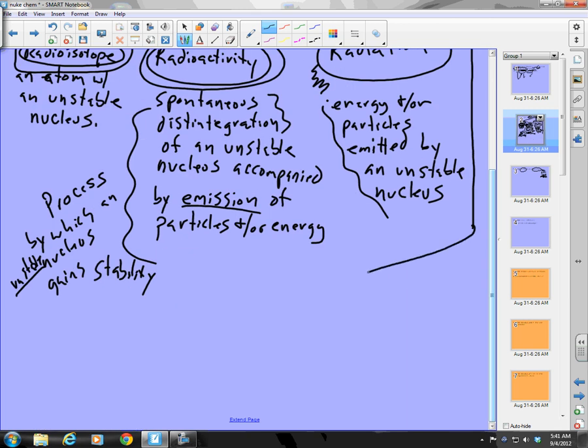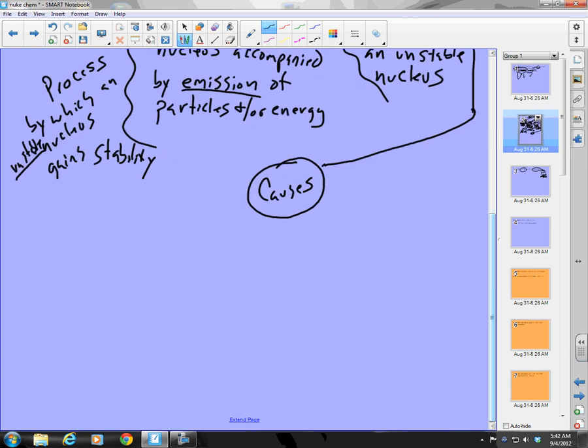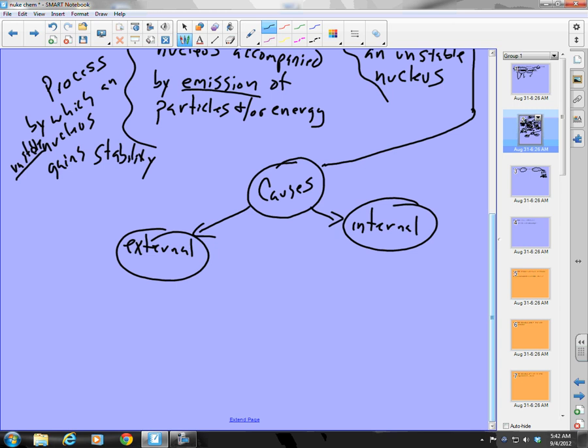And let's come down here and talk about the causes of radioactivity. What causes an unstable nucleus? And I like to break this down, and there are two general causes, I guess, an external cause and an internal cause. Or really there are a couple of internal causes. And what's an external cause?